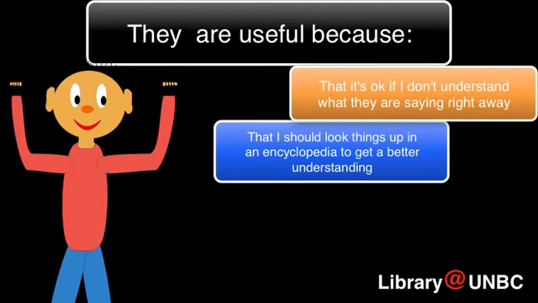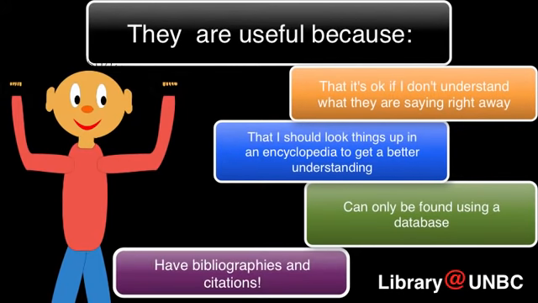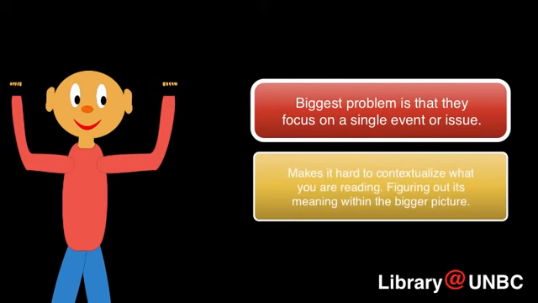Oftentimes, they're very specific and very detailed. You can only find them using a scholarly database, and they tend to have bibliographies or in-depth citations. One of the major disadvantages associated with this type of literature is that sometimes their specificity does not allow the reader to get an overall picture of a particular topic.